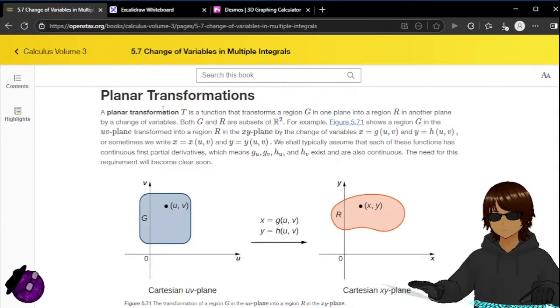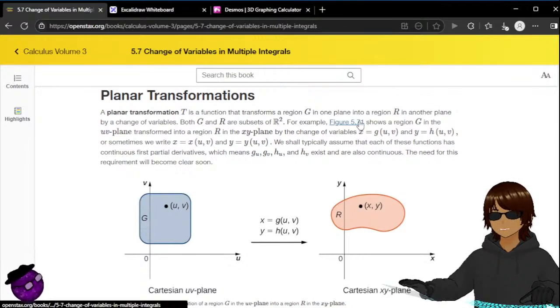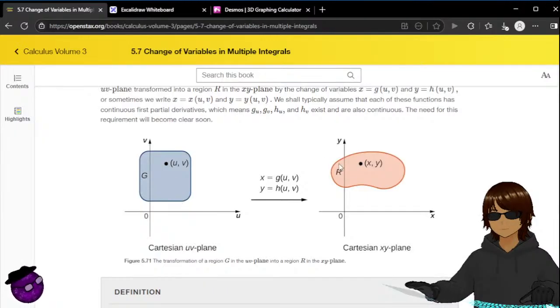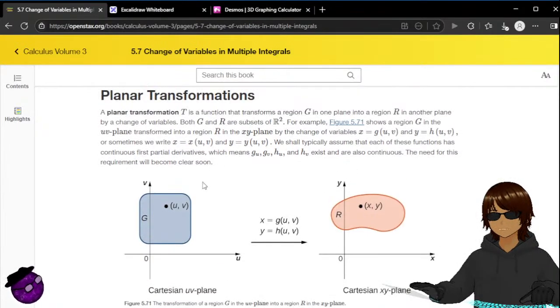A planar transformation T is a function that transforms a region G in one plane into a region R in another plane by a change of variables. Both G and R are subsets of R squared. For example, figure 5.71 shows a region G in the uv plane transformed into a region R in the xy plane. So uv over here is transformed to xy by the change of variables x and y.